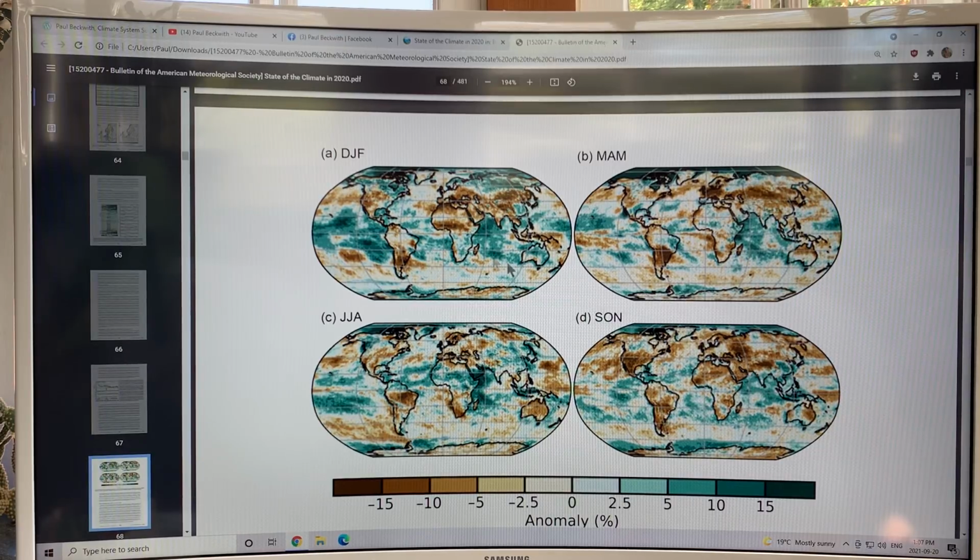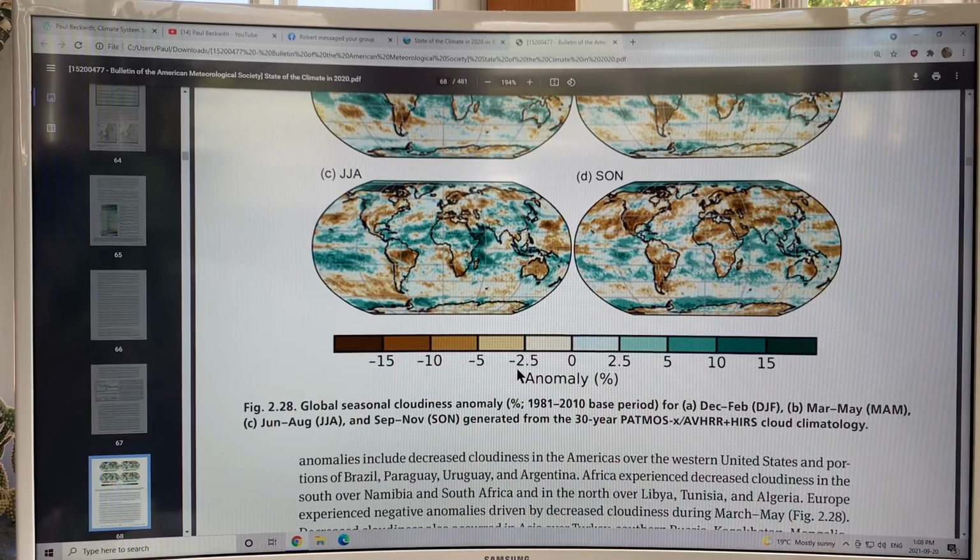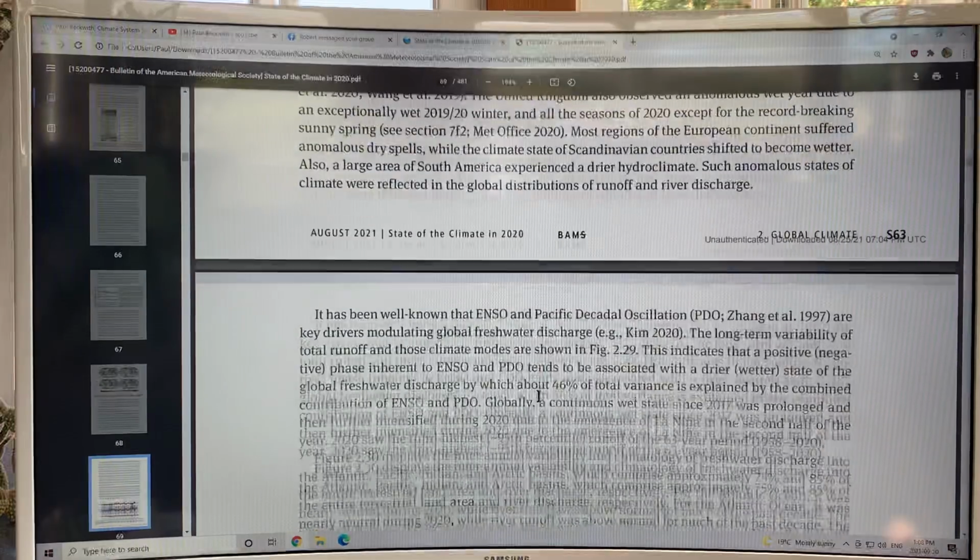And over the oceans, we're getting more clouds. So this is a very interesting global phenomenon. Over parts of the land, we're getting 5, 10%, even 15% fewer clouds. This is contributing, of course, to the land warming much faster than the ocean as well.